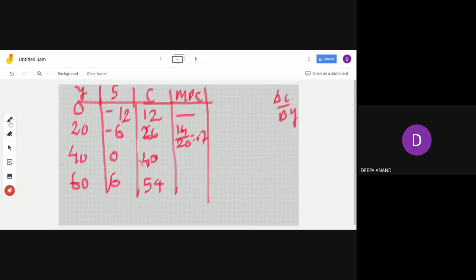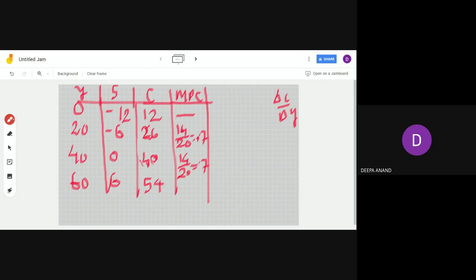How much is the change? 14, ma'am. Again 14. 14 upon 20. So calculation is very easy because we are getting the same figure. Okay, 0.7.